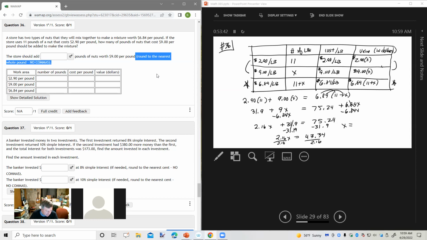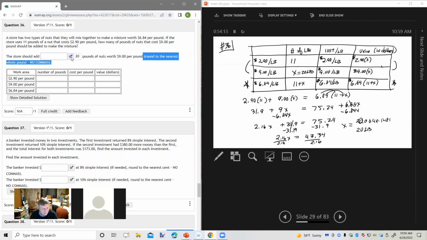What I came up with was 20.0648148 and so on. So it's going to be 20 pounds. So X would be 20 pounds. The store should add how many pounds of nuts worth $9? So the answer would be 20. And there you have it, 20 pounds.